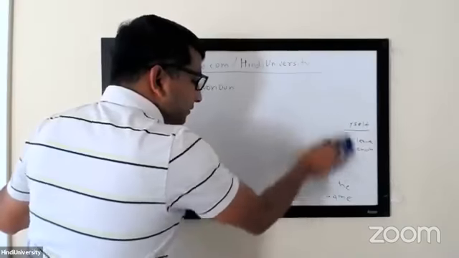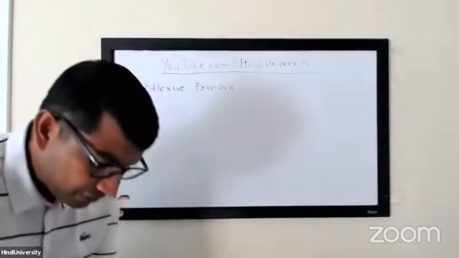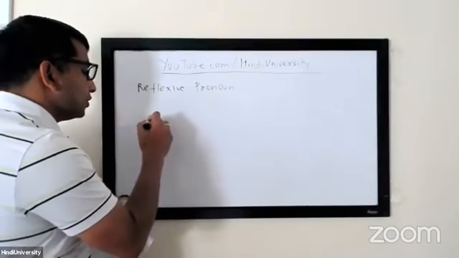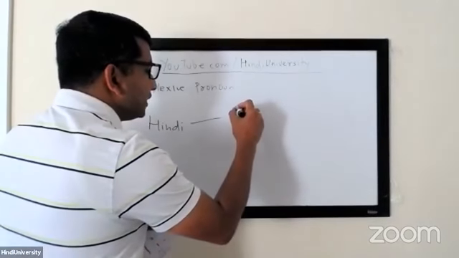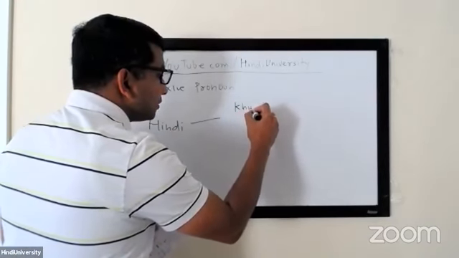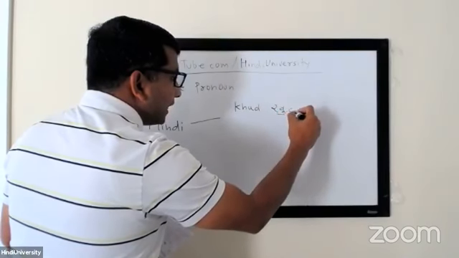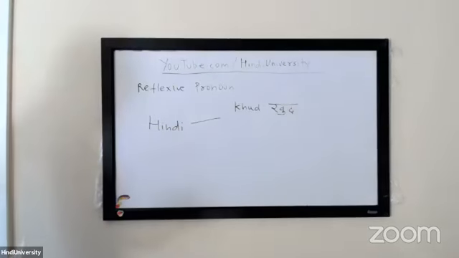Some are more popular in conversational Hindi, some are more formal. So what are those? In Hindi, the most common one you will hear is khud. It's kha with u, khud. That's the one you will hear recurringly.